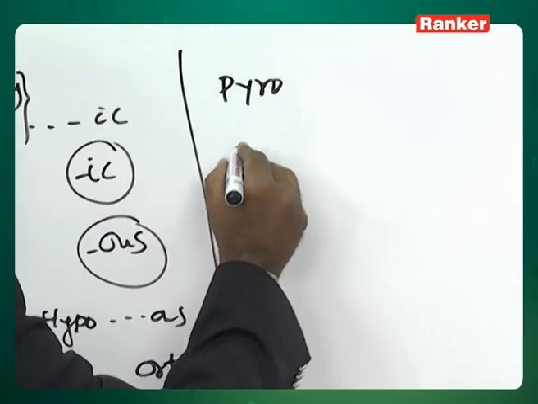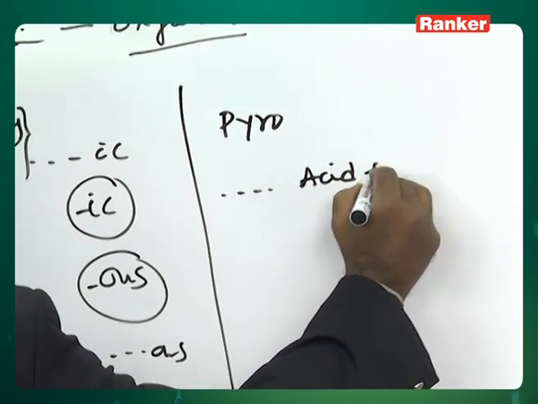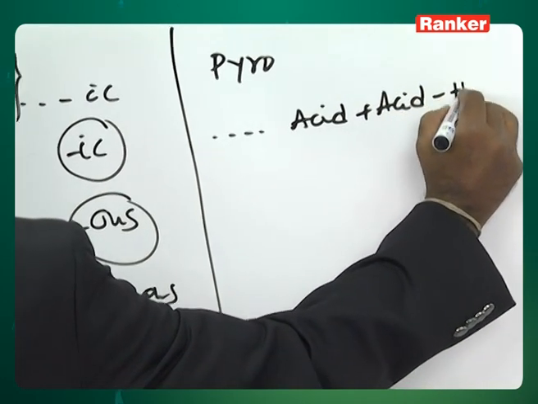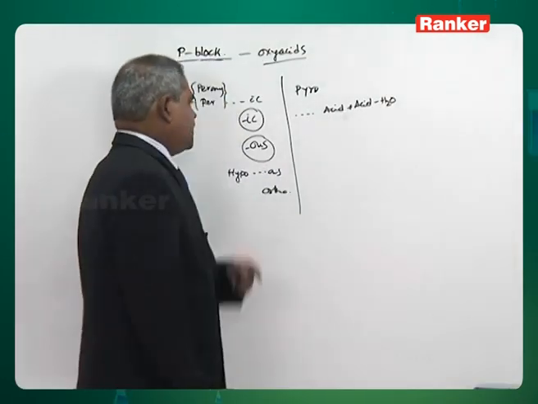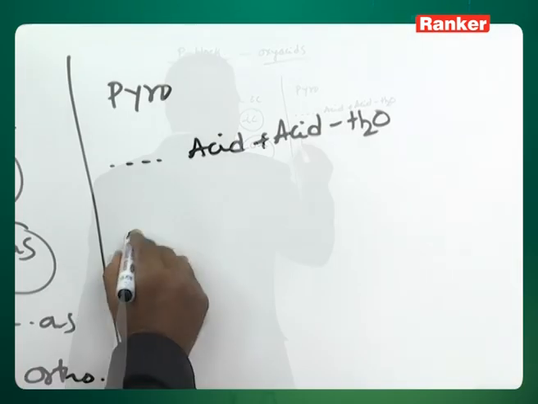Pyro. Pyro means acid plus acid minus H2O. Pyrophosphoric acid.